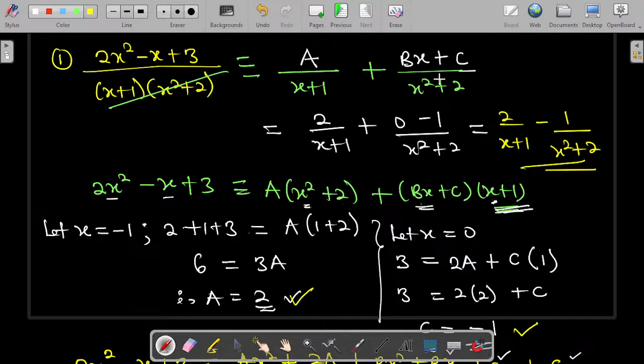Ordinarily it is supposed to be something like ax plus b. It should contain x, but if the coefficient of x is 0, then it can be a constant, no problem. Alright, so that's the solution for this first example.